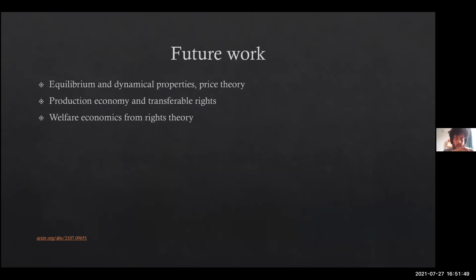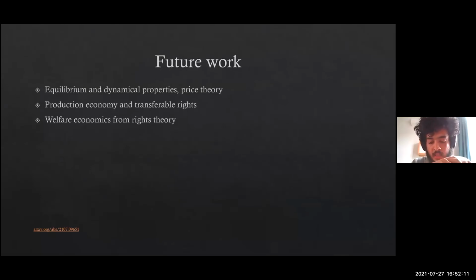However, while I've explained the mathematical theory behind right structures itself in some detail, I haven't done much work yet towards actually proving the existence of equilibrium, because the standard theorem for the existence of equilibrium for an abstract economy no longer applies to an abstract economy with the right structure, because you no longer have a compact set and so on and so forth.